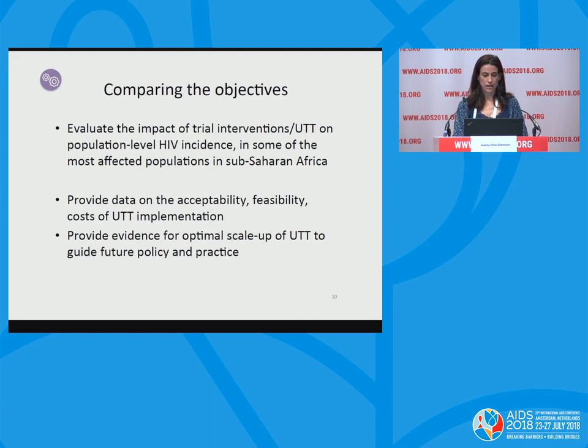They also shared a similar aim around investigating the implementation of universal test and treat: the acceptability, the feasibility of the interventions, the costs and cost effectiveness, in order also to provide evidence to decision makers and policy makers when thinking about the scale up of universal test and treat for future policy and practice.